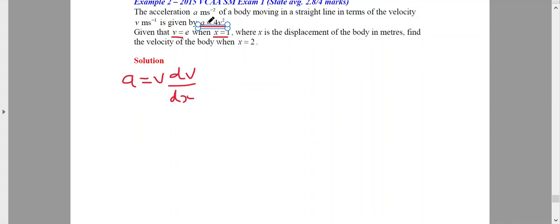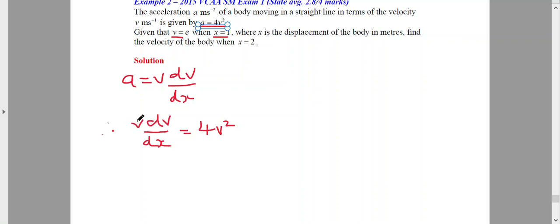So I replace the letter a in the actual question where it says a equals 4v squared with v dv dx. So therefore v dv dx equals 4v squared, because v dv dx is another way of saying acceleration.